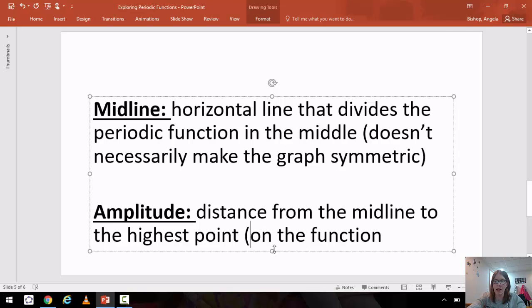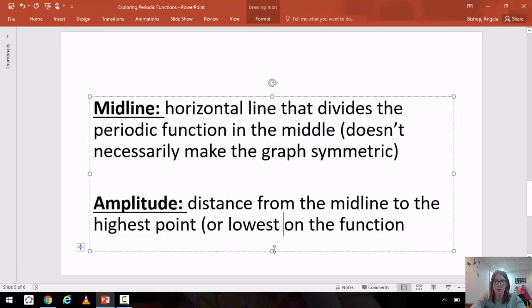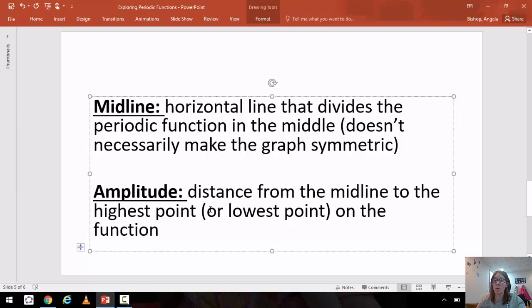And really, I should add to that, it could also be the lowest point on the function. If you start at the middle, start at your midline, that distance from your midline to the top and the distance from the midline to the bottom should be the same. Kind of similar to the way our focus and directrix work with our vertex.